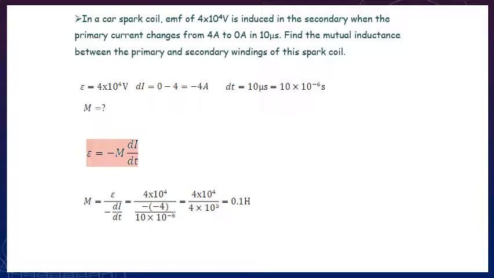You will get 4 into 10 power plus 4 divided by, minus is there, keep minus as it is, di value is minus 4. Then you will have the complete term divided by 10 into 10 power minus 6. So numerator is as it is, denominator you will have 4 into 10 power 5. When you calculate it, that will give you 0.1 Henry.